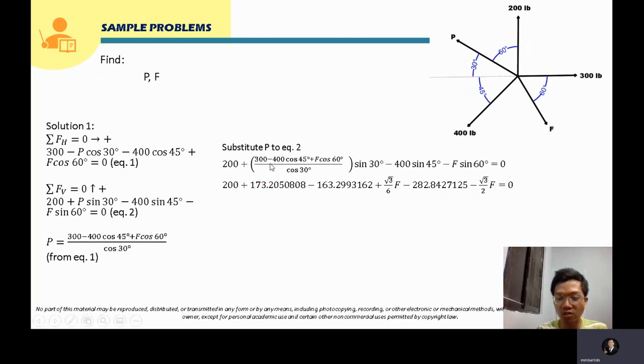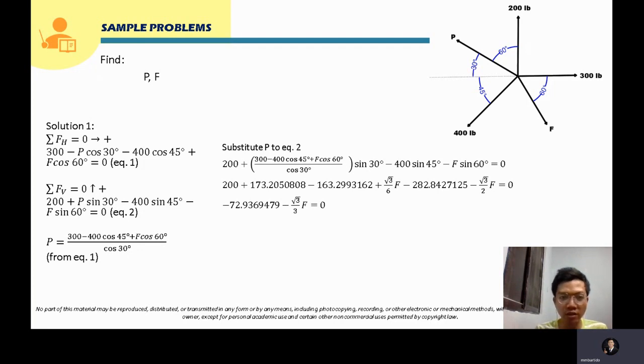Simplifying this further, we just combine all the constants and all the values of F. For the constants, that will be 200 plus 173.2050808 minus 163.2993162, minus 282.8427125.